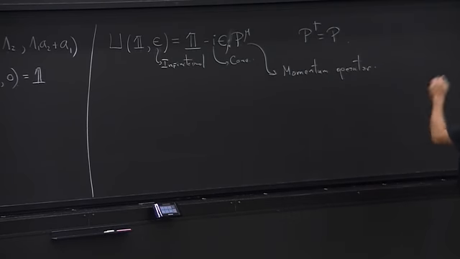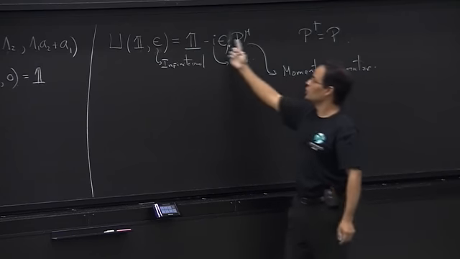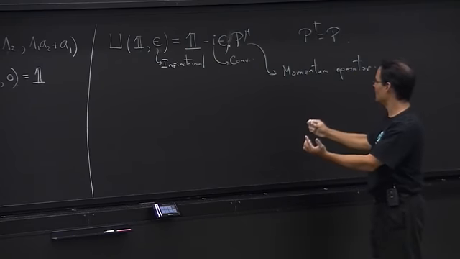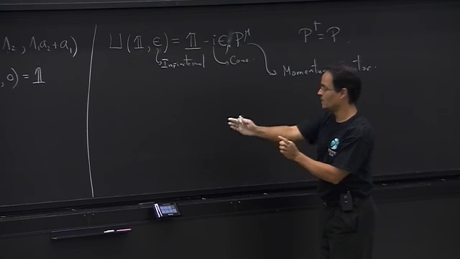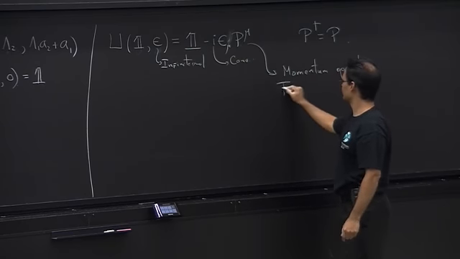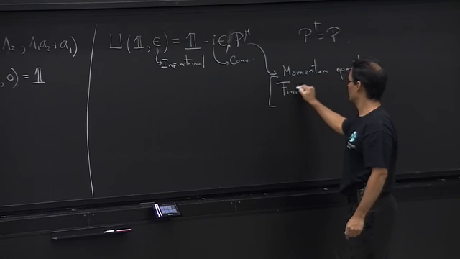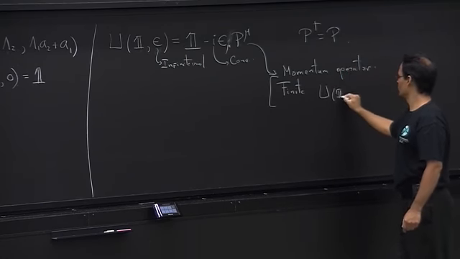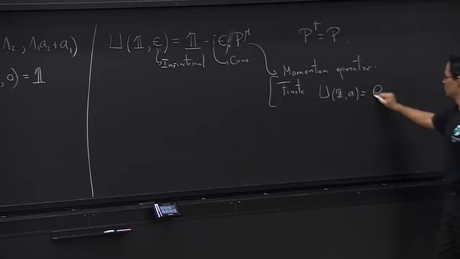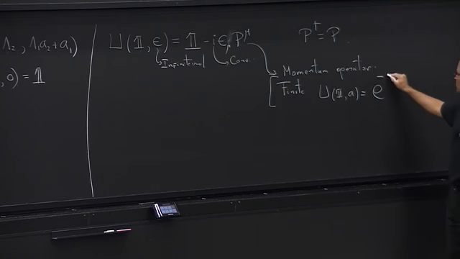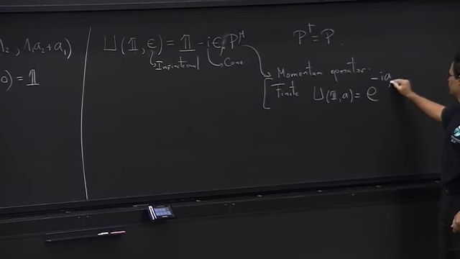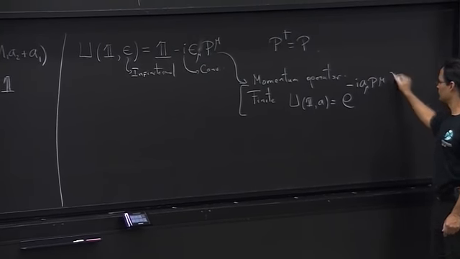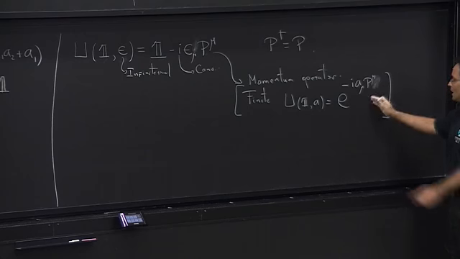Another way to see it is that if you exponentiate this action to produce a finite transformation or a finite translation, you will find that this simply exponentiates to this operator acting on your states.